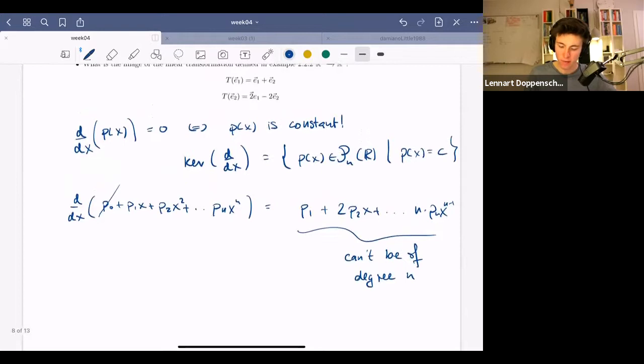So if you tell me what the coefficients should be here, I'll be able to give you some polynomial on the left-hand side such that the derivative is what you proposed.